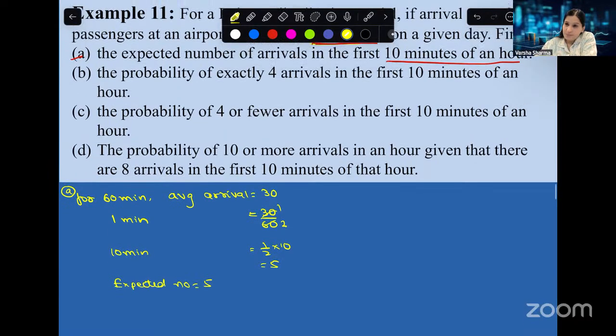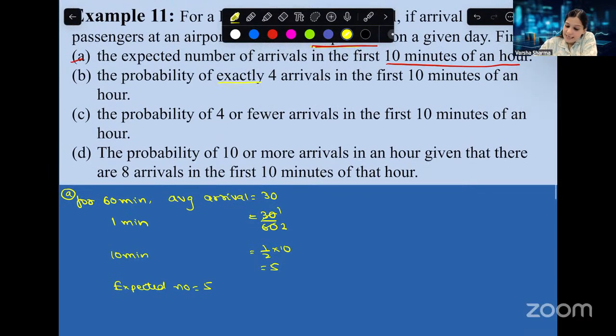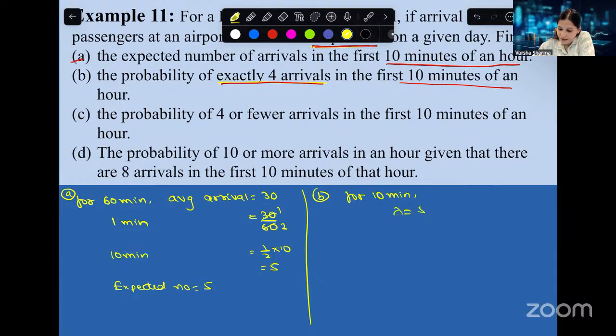Yes. Part B, the probability of exactly 4 arrivals, that is P of 4, in the first 10 minutes. So now I'm finding the probability for 10 minutes. So my lambda will be for 10 minutes, right? So for 10 minutes, lambda is 5.